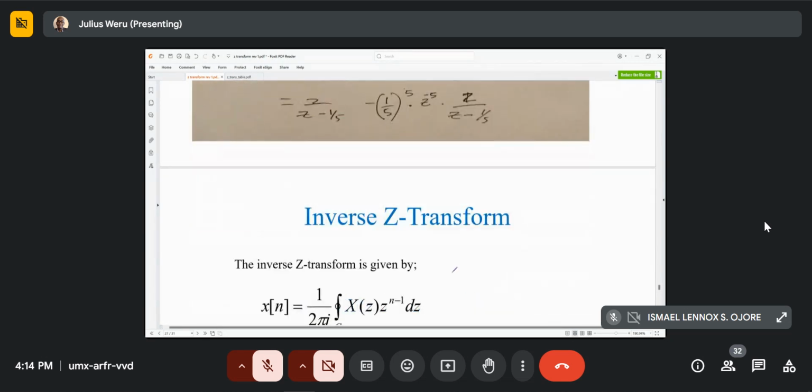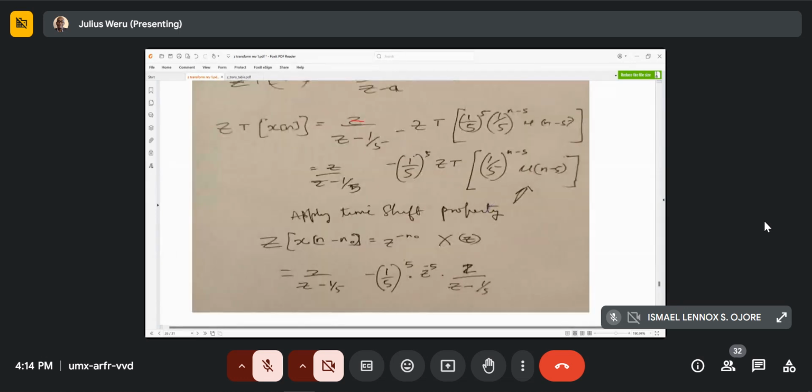So here we're just applying linearity. Whenever you're given an addition of two parts, where x is composite, you can simply find the Z transform of one and add it to the Z transform of the other one. So any question before you go to the inverse Z transform?